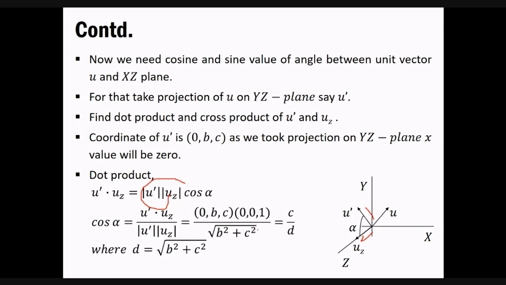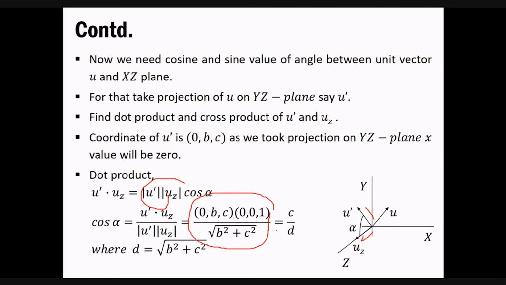It is nothing but the same formula you have to take, because one coordinate value that we have is 0, so we will just put b square plus c square instead of a square, and the whole thing will look like this, that is over here.